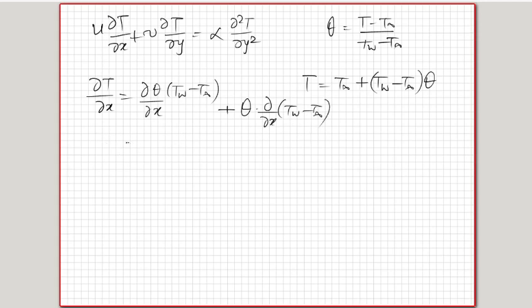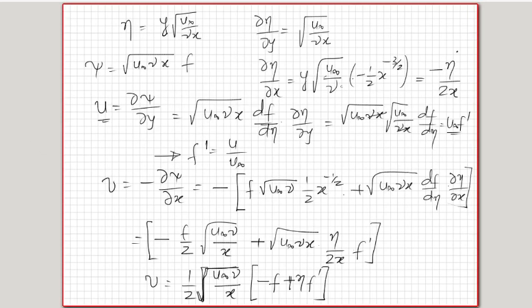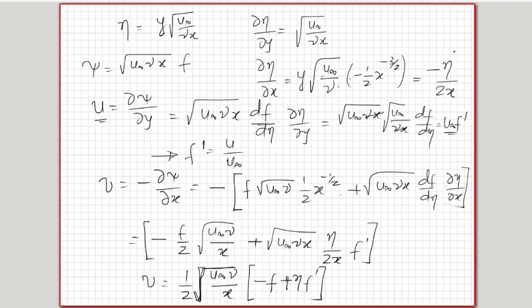Now if I want to write it in terms of eta, I'll get a theta prime, which is d theta by d eta into T wall minus T infinity multiplied by del eta by del x. And what is del eta by del x? Del eta by del x is minus eta divided by 2x.